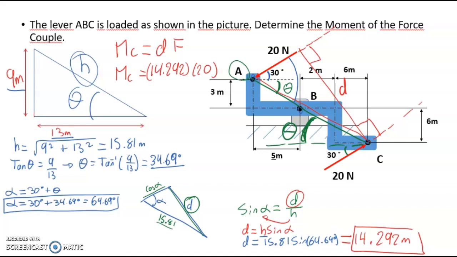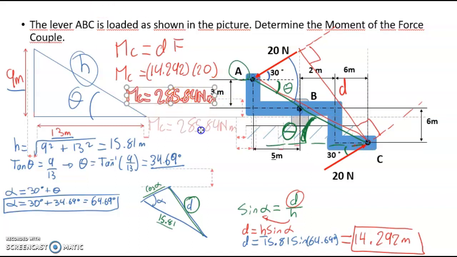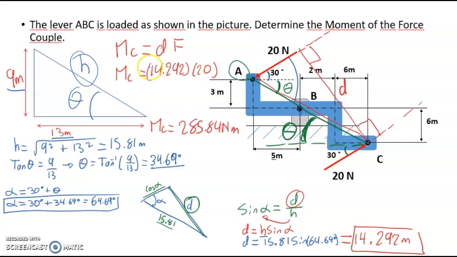That means the moment of that couple is going to be equal to 285.84 newton meters. And that's going to be the result for the problem.